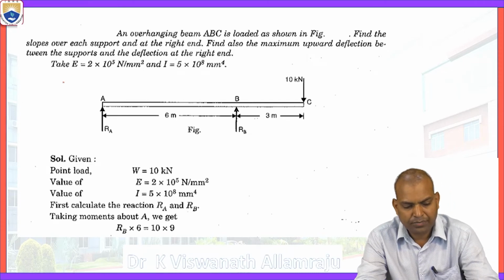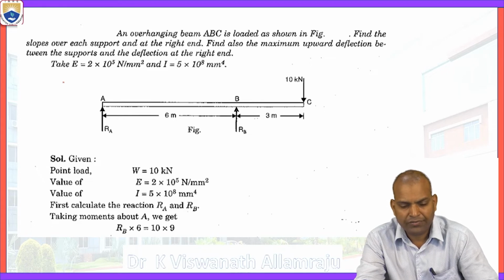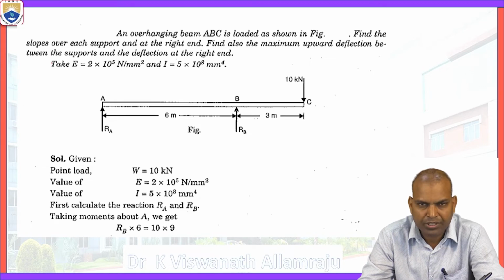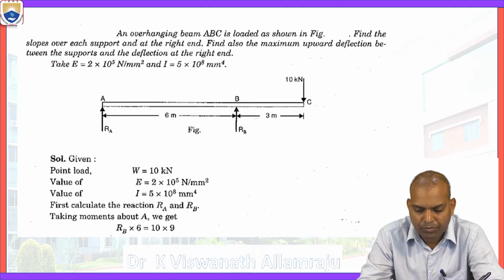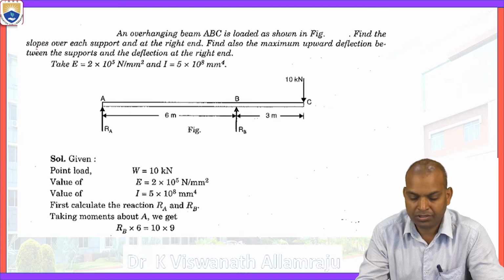We can understand the methodology of Macaulay's method better through problem solving. Let us begin with one of the problems. Here the problem is related to an overhanging beam with points A, B, C, where A and B are supports, and at point C, the free end, a concentrated load of 10 kilonewtons is acting.